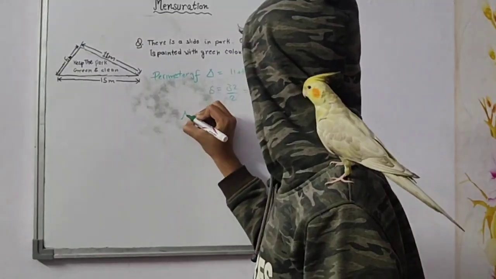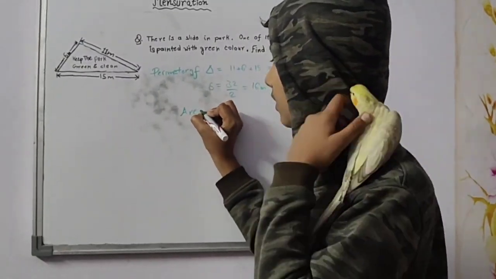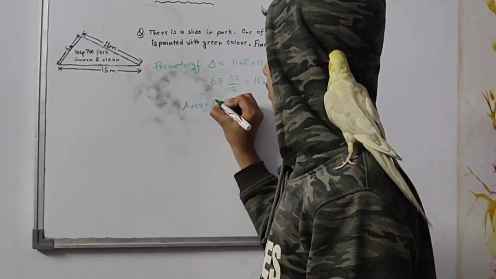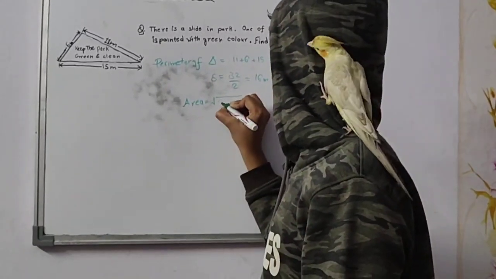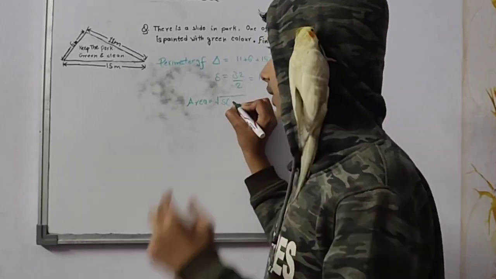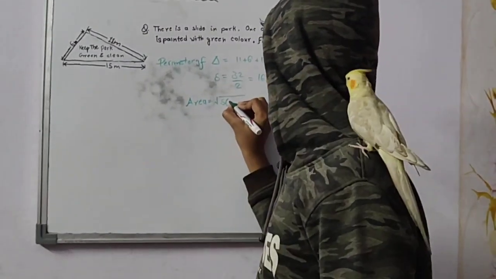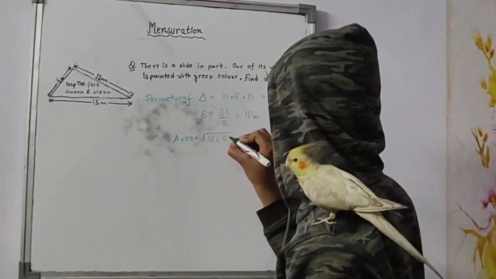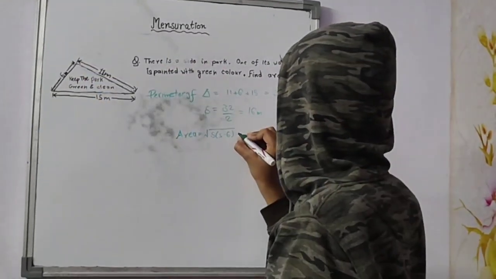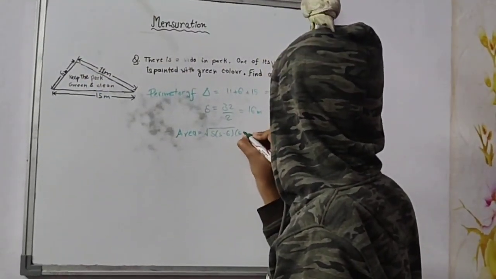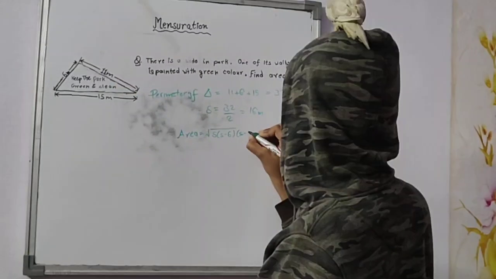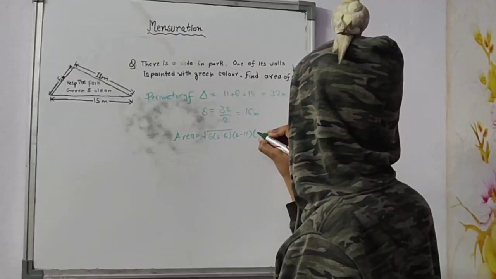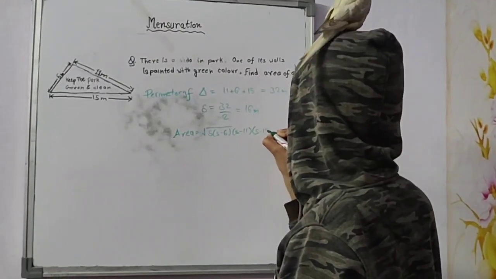Now area equal to root of S multiplied by S minus A, A is 6, into S minus B, B is 11, into S minus C, C is 15.